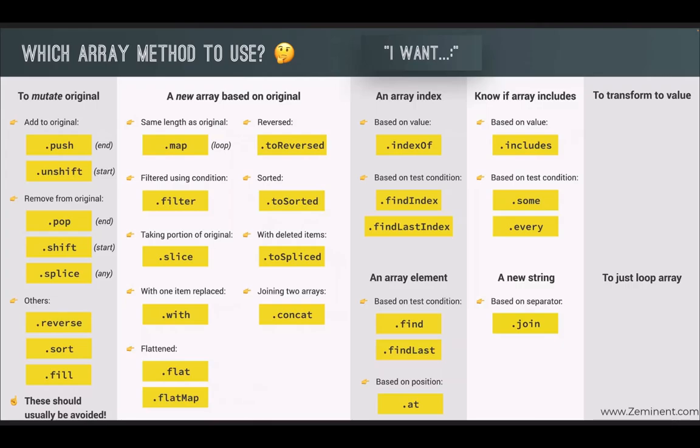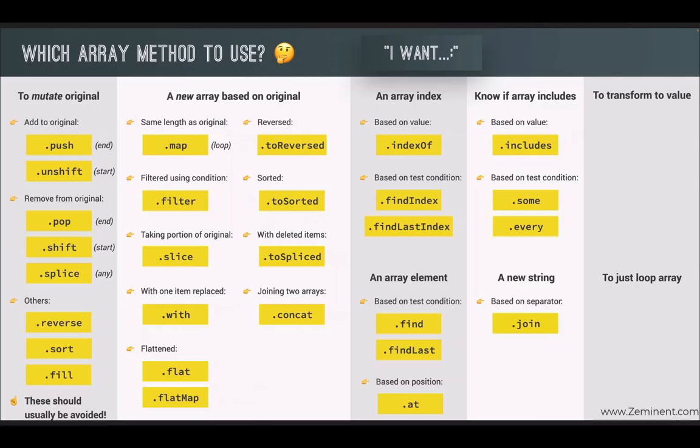The some method is going to return true if at least one of the elements in the array satisfies the condition, and the every method only returns true if all the elements satisfy the condition. So these three methods return a boolean value, which is very helpful sometimes in an if else statement or a ternary operator. So that's where many times we use one of these methods.